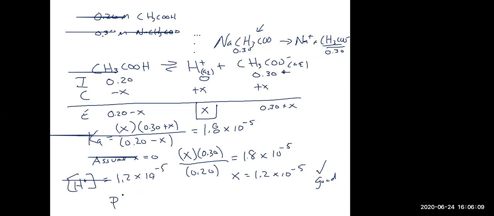And that means that the pH, we could put that directly in, will equal minus the log of 1.2 times 10 to the minus 5. That gives us 4.92 as our pH for this solution. Any questions on that calculation?